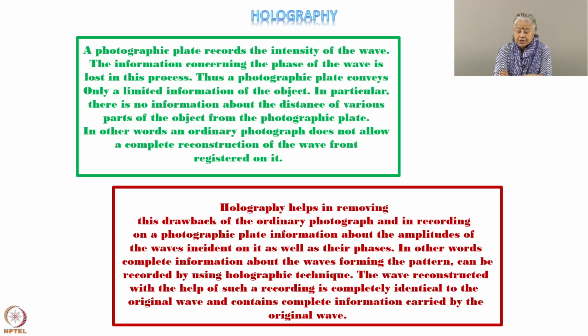Okay. So, in a usual photograph, you are only looking at the intensity pattern that the object is giving you. You are not looking at anything more than that. But definitely something is missing, because you are getting a two-dimensional picture. The third dimension is somehow missing.